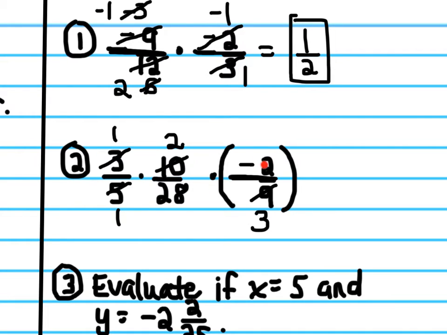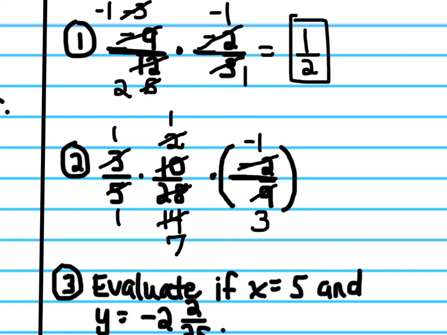Now I have another diagonal I can cross-cancel. I can cross-cancel this way or this way. It's not really cross-canceling, but just reducing. I'm going to divide both by 2, which gives a negative 1 and a 14. Now I have a 2 on top and a 14 on the bottom, so I can cross-cancel there. That doesn't usually happen, but when it does, it's nice because we're making our numbers smaller.